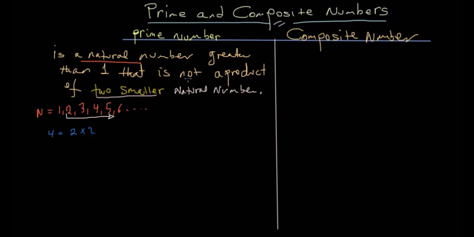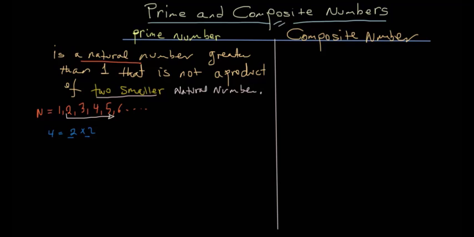Both 2 and 2 are smaller than 4, so 4 can be written as a product of two smaller numbers.